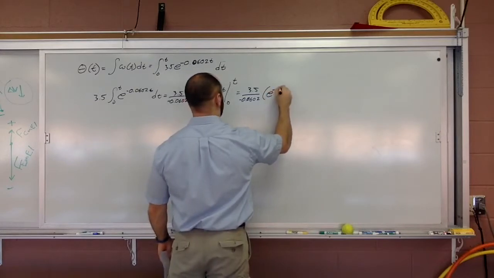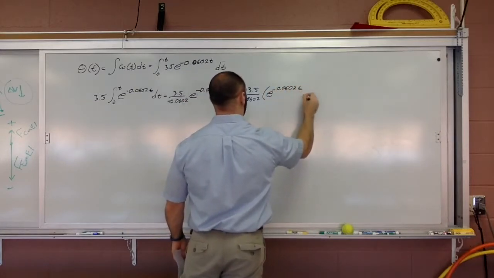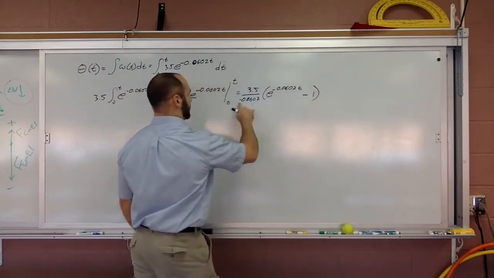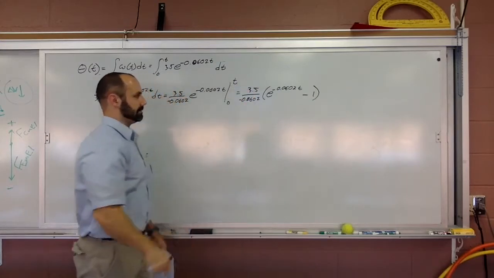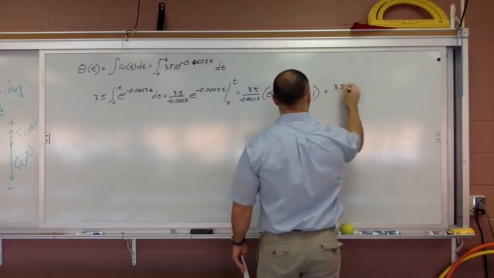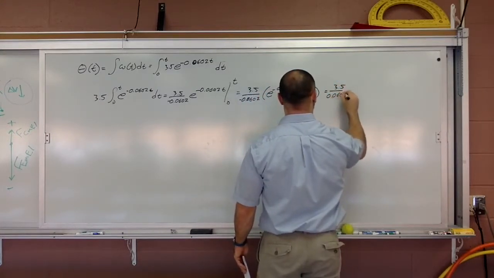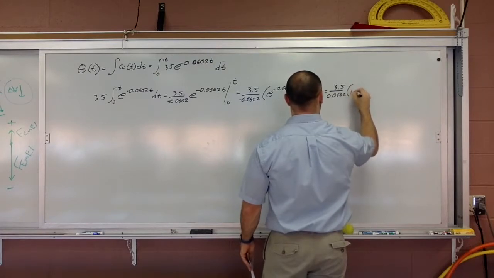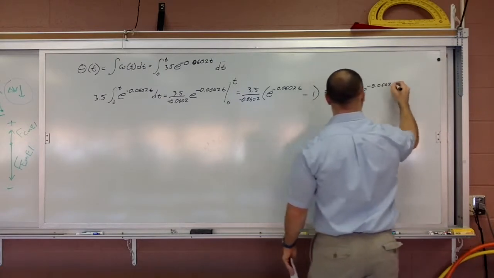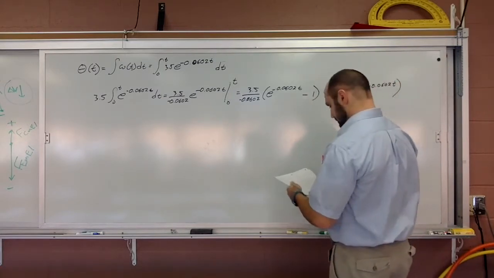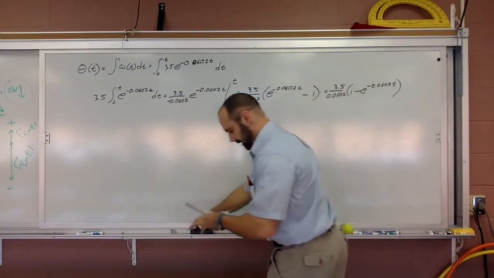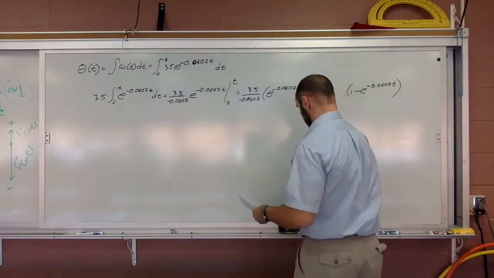So that would be e to the negative 0.0602 t minus, when I plug 0 in, that's 1. And then I can flip the order and put the negative sign in. And so I have 3.5 over 0.0602 times 1 minus e to the negative 0.0602 t. Okay? And this becomes 58.1. So we can simplify that a little bit.